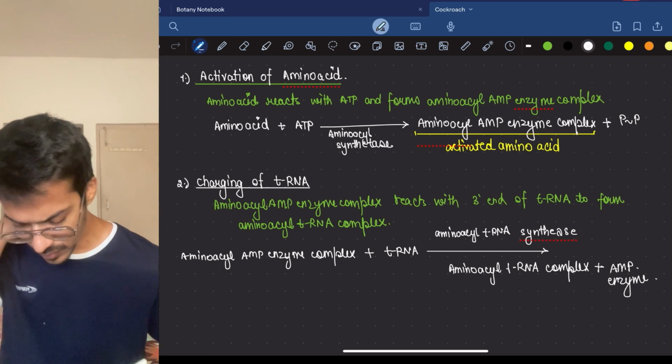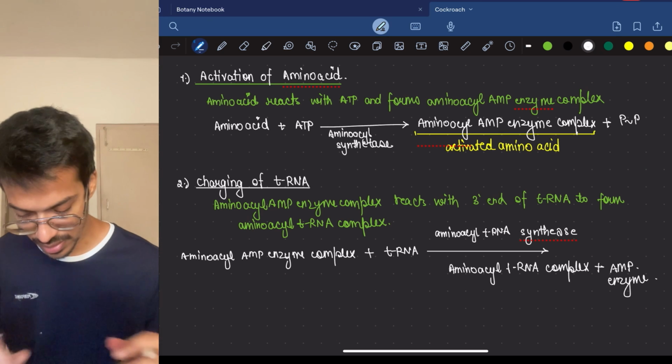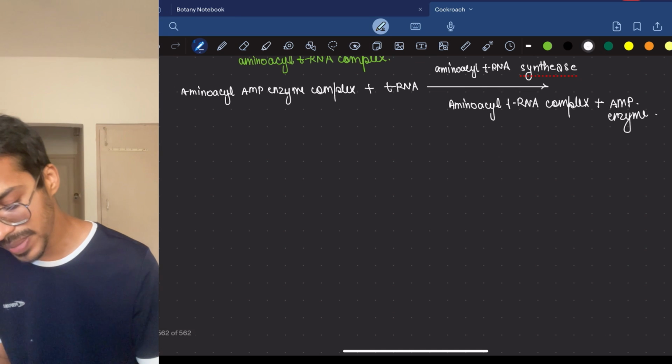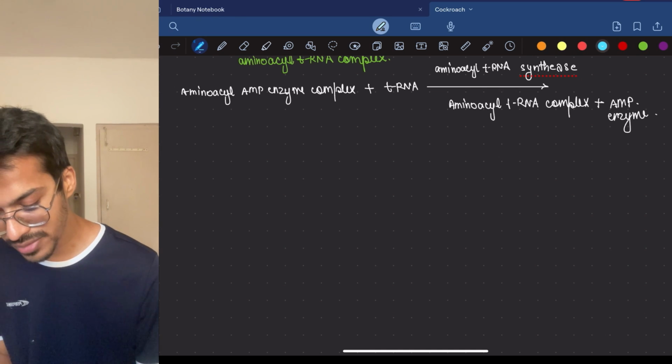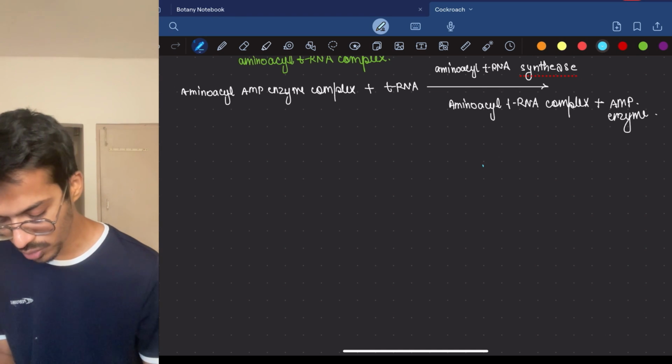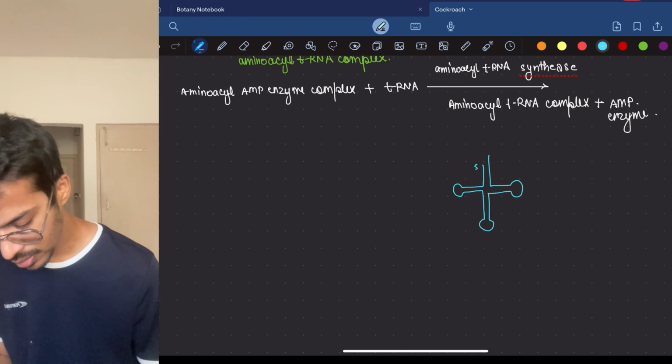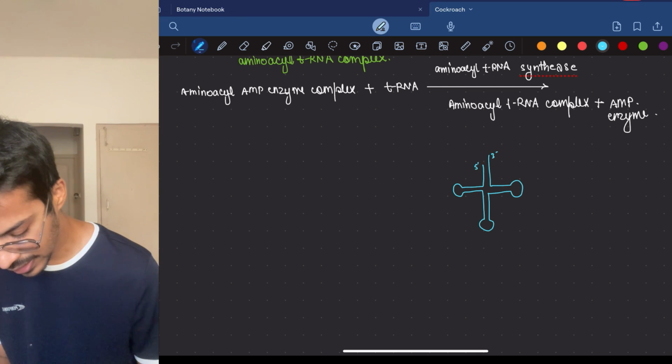Okay, now this aminoacyl tRNA complex, it's basically formed what? If you have seen this video, in this video there was a tRNA like this. This is the 5' end, this is the 3' end.